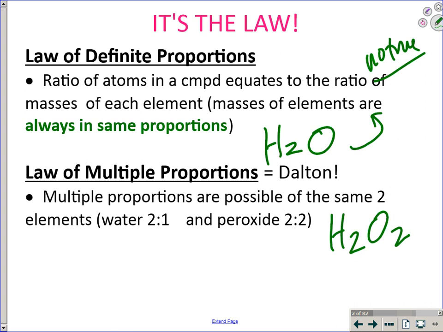That's what Dalton helped us to see, that we could have multiple proportions available, hence hydrogen peroxide. Fixed ratio, flexible ratio. I'm moving on because this was just a term on your reading guide.